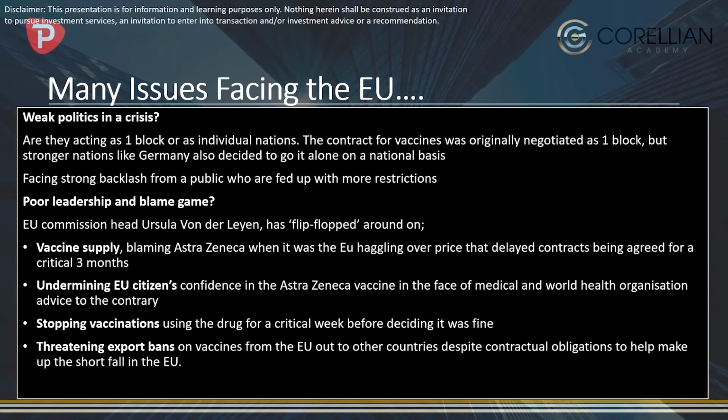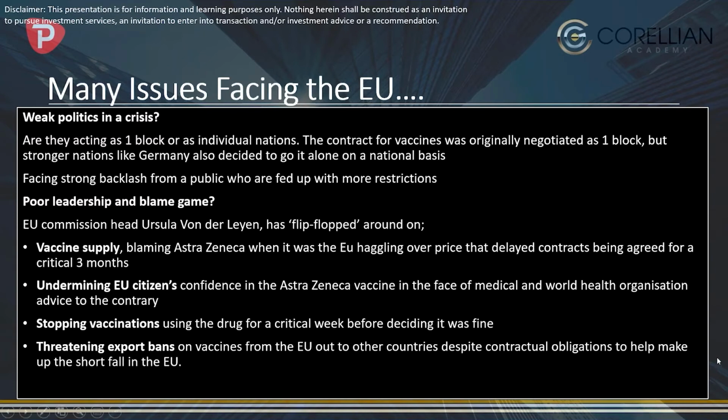And at no point do they actually sit down and say, okay, we've got it wrong, apart from the person who's leaving the whole situation in a few weeks or months, Merkel, who said that she took full responsibility for possibly making a wrong decision, which we'll talk about later. But these threats of export bans and all the rest of it are just deflecting from the point that they have been slow and unable to react in a crisis again.